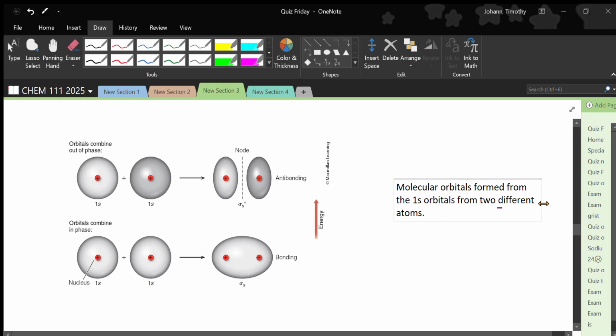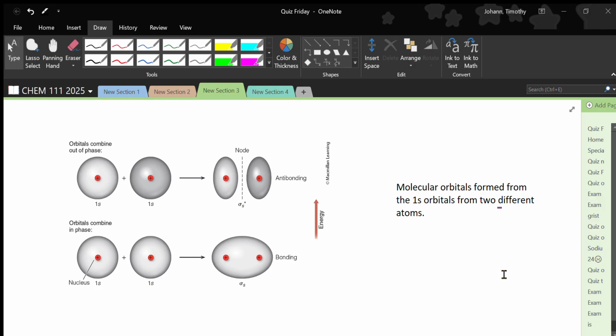All right, it's 1s orbitals touching the outside. This is atoms with their orbitals interacting, right? So it's got to be the outside orbitals. Which atoms will have 1s orbitals touching the outside world? Hydrogen, right? Hydrogen and helium, right? Only two, okay? And so these things can interact with each other. So we're going to look at hydrogen and helium for this.